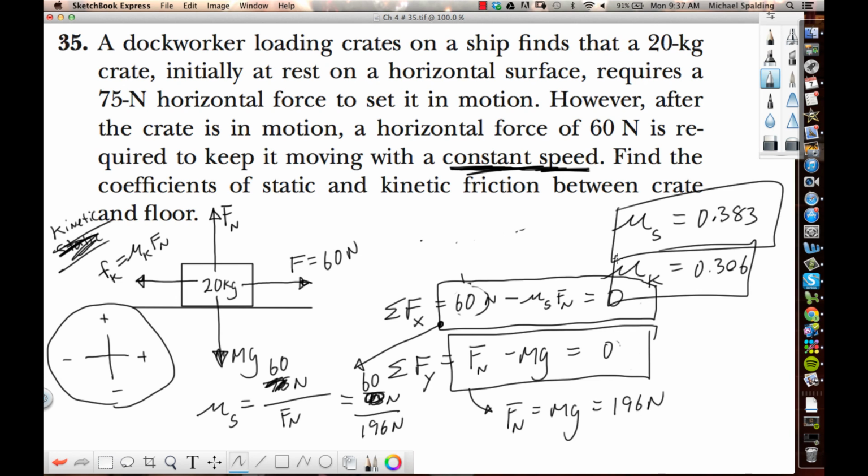Mu k is 0.306. The free body diagram is identical for static and kinetic. The only difference is the 75 changed to 60, and then the S changed to K. Other than that, it's the same.